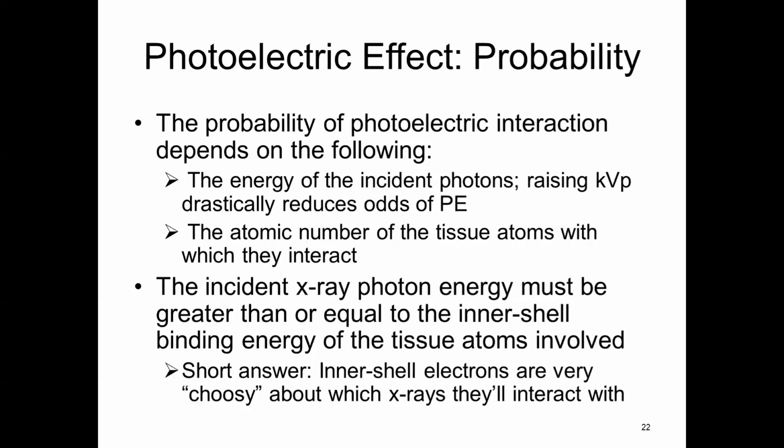You have to have enough energy to dislodge the electron that's in orbit. And not every X-ray is going to meet that criteria. So your book has a little analogy that I like. The short answer here, you'll get into calculating binding energies in the fall. But for now, it's enough for you to know that the inner shell electrons are really choosy about which X-rays they'll interact with.